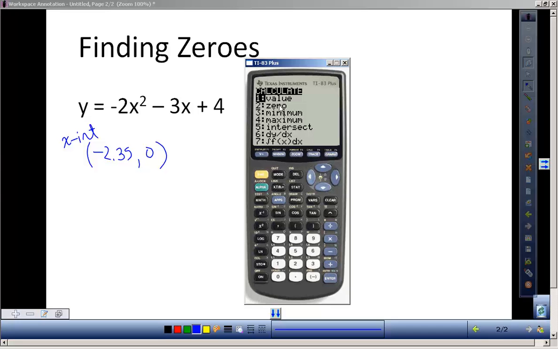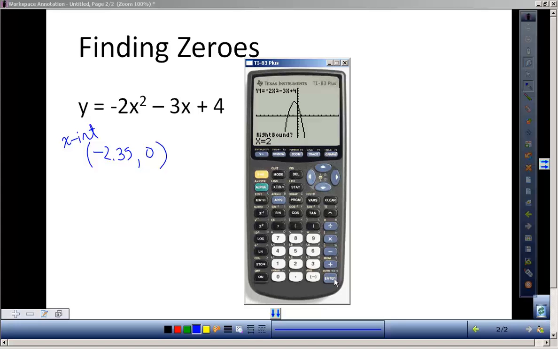So I'm going to go second trace. This time I'm going to choose 0, just like last time. But this time I want to find my x-intercept on the right. So my left and right bound is obviously going to be different. When I look at this one over here, some number that's to the left of it would be 0. So I'm just going to put in 0 as my left bound. Some number that's to the right of it looks like 2.